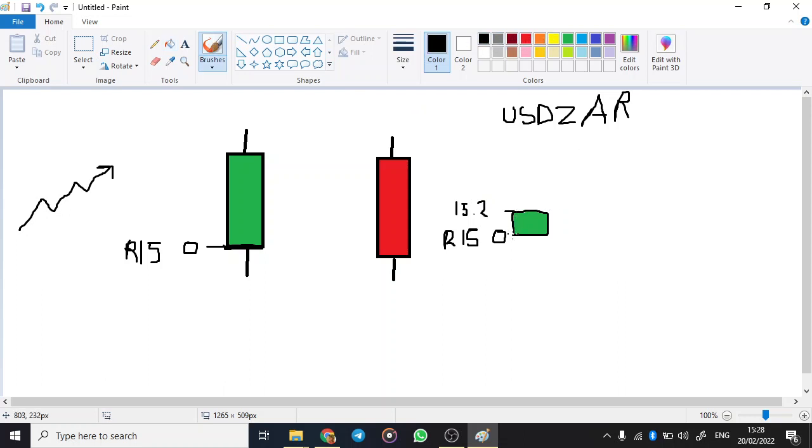So if it goes up from this level to the 15.2 level, or goes even further, if we continue with this upward movement, the candlestick will continue getting bigger and bigger. But let's say this is the level that it stops going up at, and it's, let's say, 15.9.